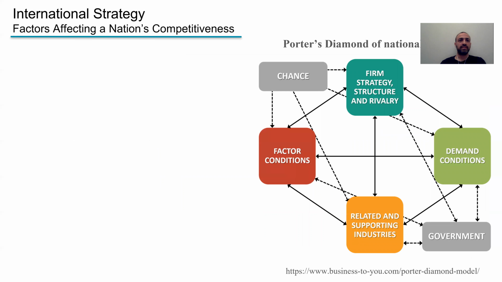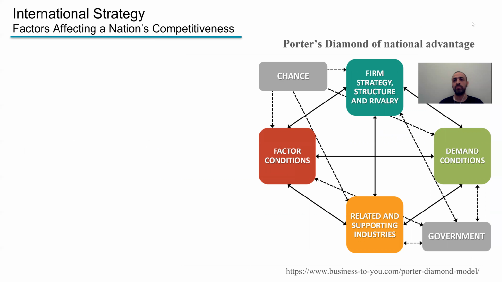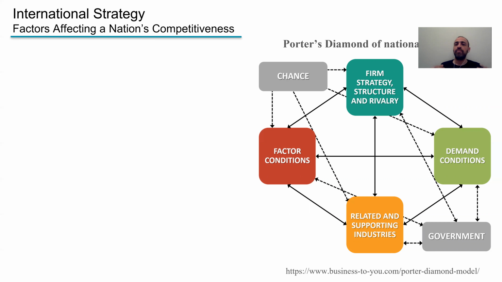For international strategy, there are some factors that affect a nation's competitiveness. So again, we have another model of Porter, Porter's diamond of national advantage. There are four main factors. First is the firm strategy, structure, and rivalry, which is extremely important. Do you have the right strategy, does your structure allow you to be decentralized or do you have to always be centralized, and how do you deal with the rivalry?